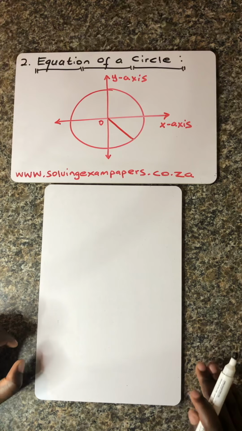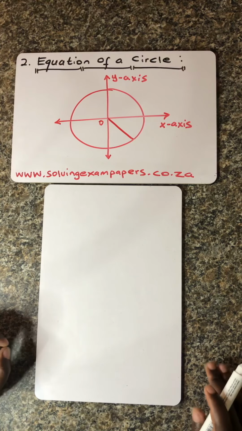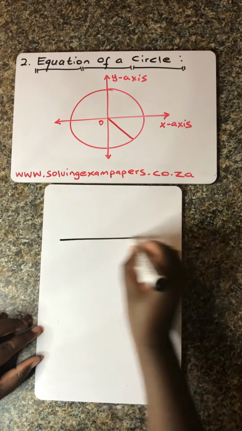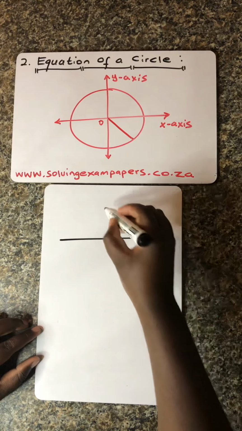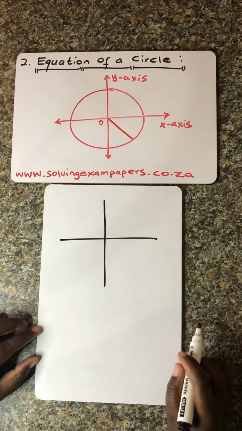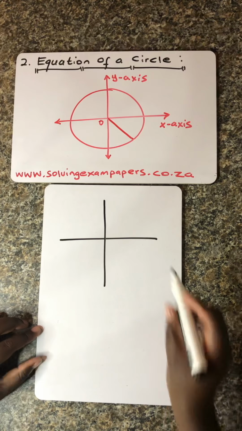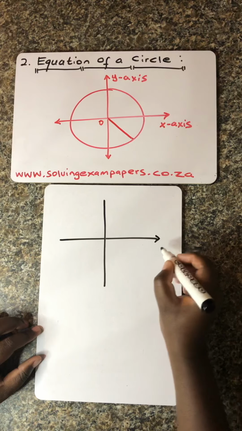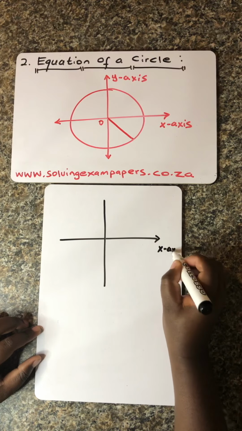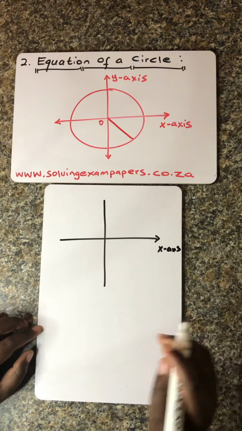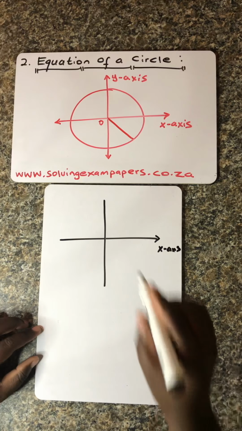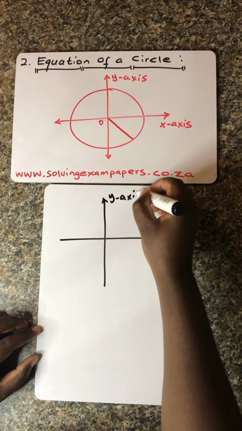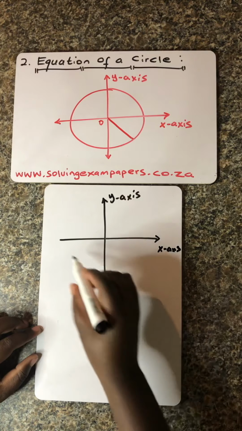I assume everyone knows that we've got the horizontal axis and the vertical axis. The horizontal axis is well known as the x-axis, so let's name it x-axis. And the vertical axis is known as the y-axis. Very much important, ladies and gentlemen.